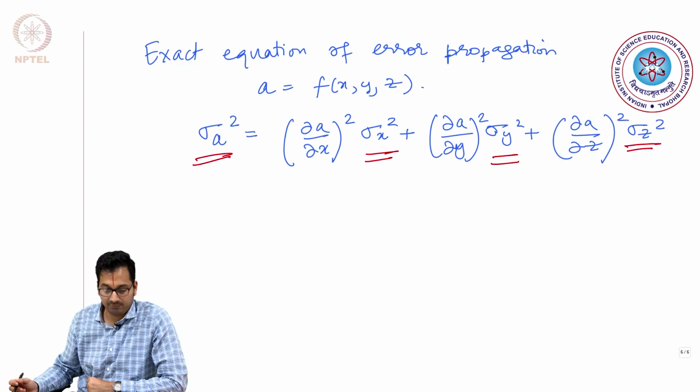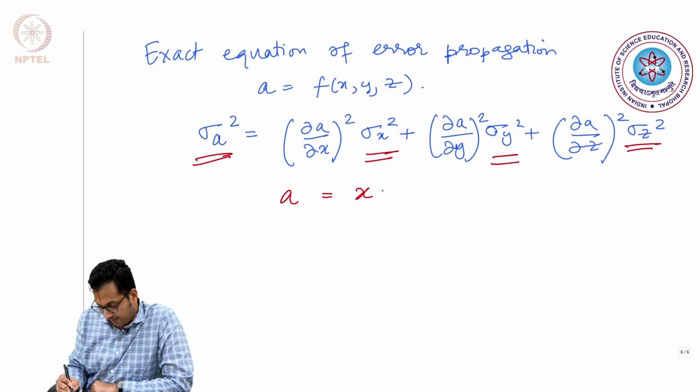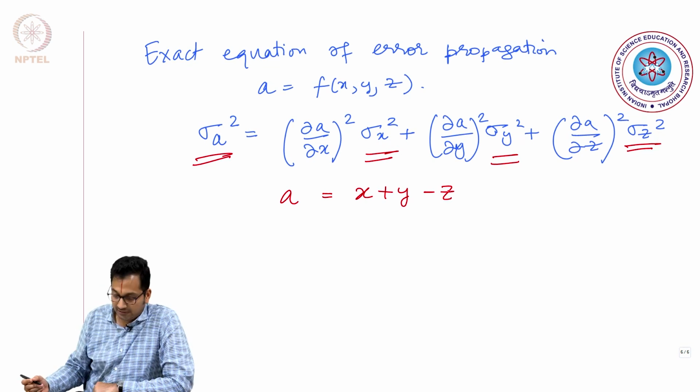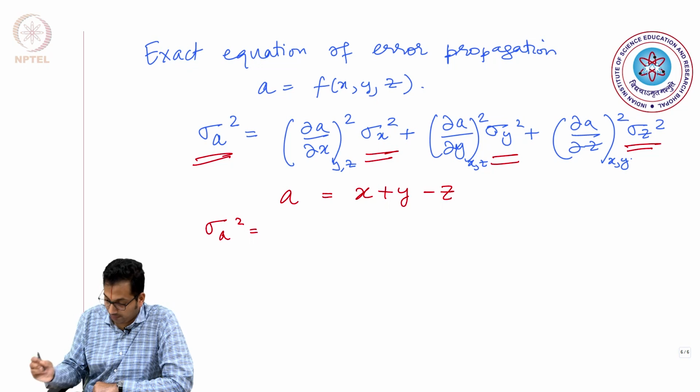Let us take a few examples and take a look at it. So, let us say A is given as x plus y minus z. In this case, why don't we determine what sigma A is going to be. So, sigma A square is going to be dou A by dou x. Remember in this case y and z are kept constant, here x and z are kept constant, here x and y are kept constant.